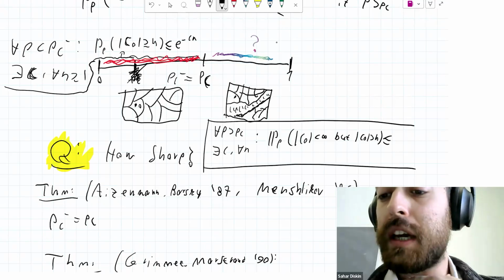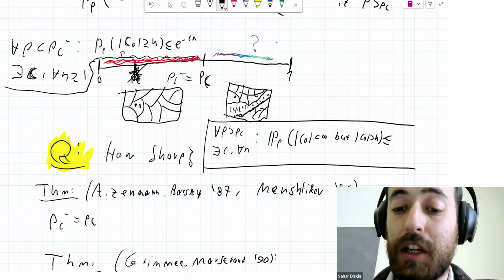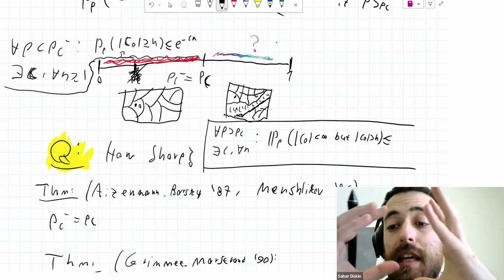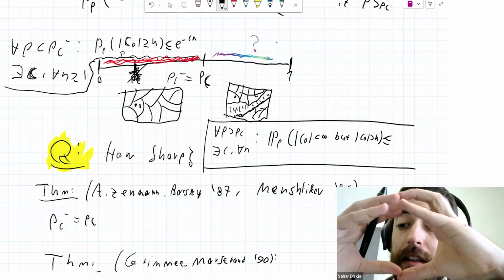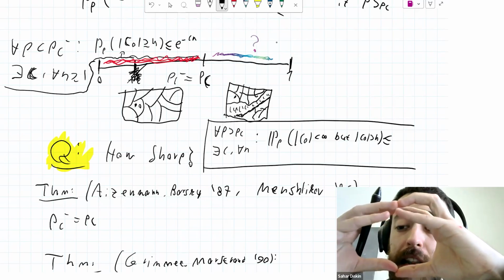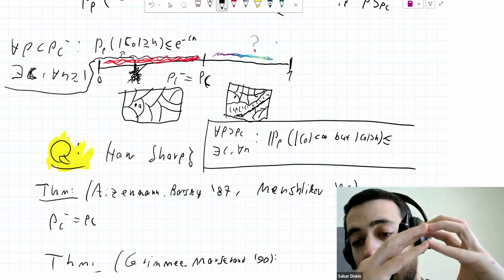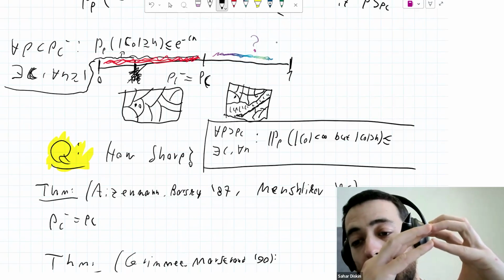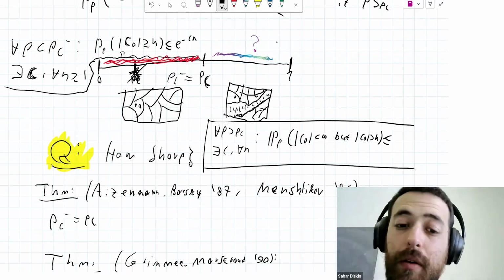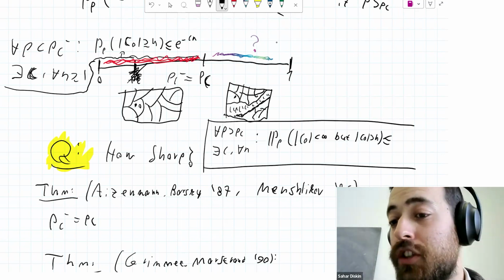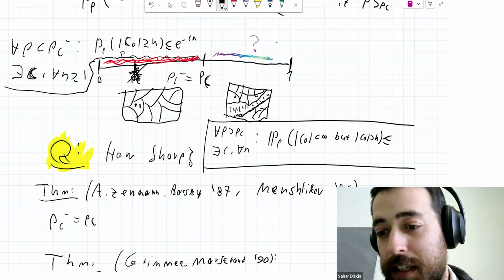Now the point is we cannot hope for it to decay exponentially in n for one simple reason. If you take a box, for example in Z^2, the number of edges going outside is not n, it's n to the (d-1)/d. Whereas here in the subcritical regime, I do not even see the geometry of the graph. I see nothing.